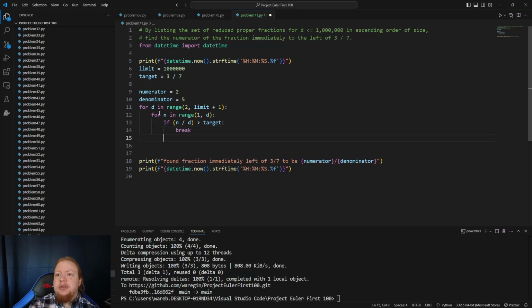In other words, if n divided by d is more than 3/7, then we've gone to the right of 3/7, so we don't actually want to continue.